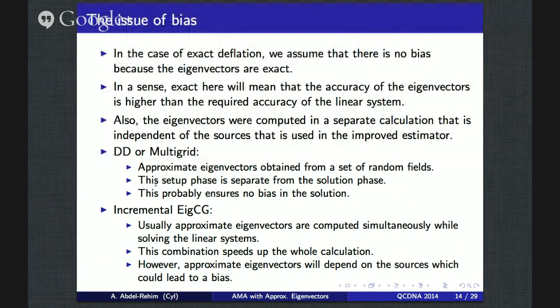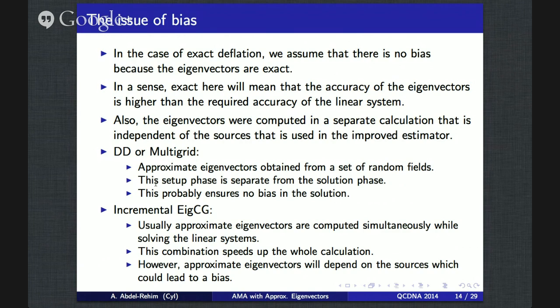Now, the issue of the bias is that in the case of exact eigenmodes, you assume that there will be no bias because these eigenvectors are accurate to a high degree. Of course, exactness here doesn't mean machine precision. It means to some tolerance that is hopefully higher than your linear system solve.